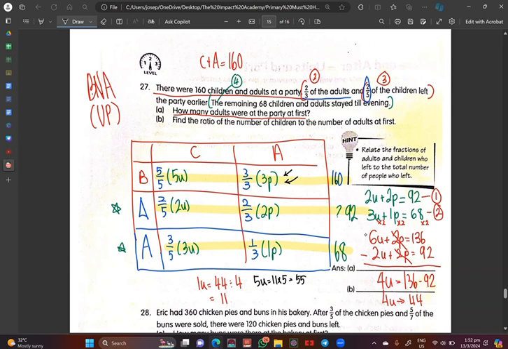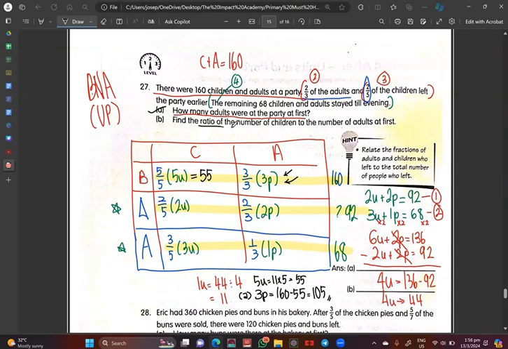Agree? Then to find adults at first, I just have to find 3 parts. How do I get 3 parts? Because these 5 units and these 3 parts, when I add them together, is 160. And since I already know that this goes to 55, isn't it true that all I need to do is 160 minus 55? So when I do 160 minus 55, I get an answer of 105. And this is my answer for A.